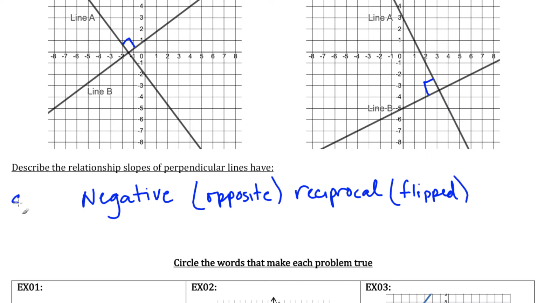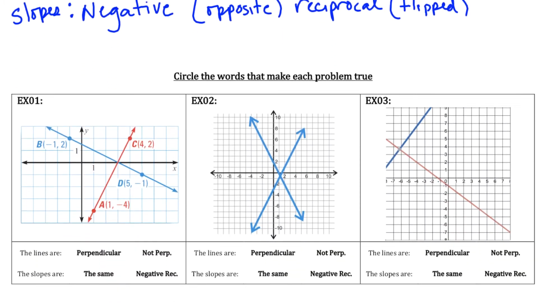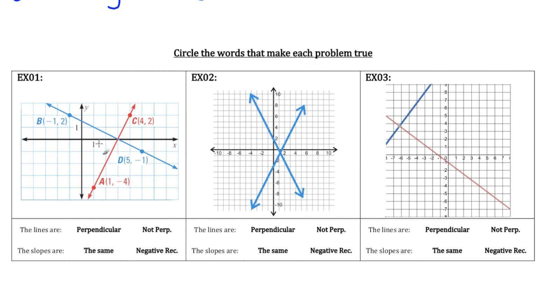So we'll just say the slopes are negative reciprocals. So this first one is an example of perpendicular lines. And that means the slopes are not the same. They are the negative reciprocal of each other.